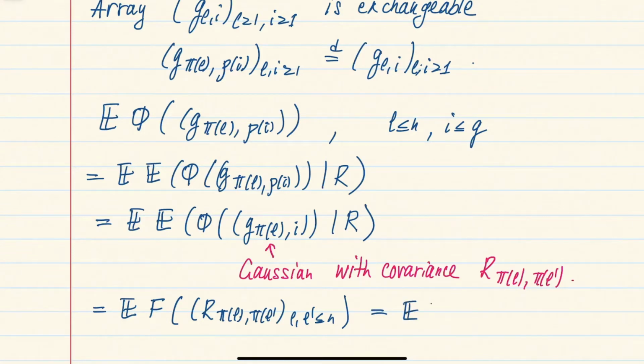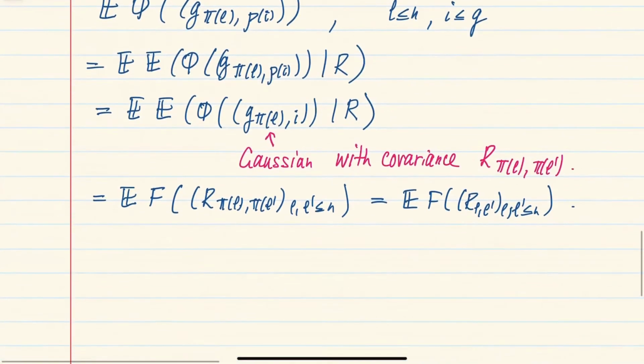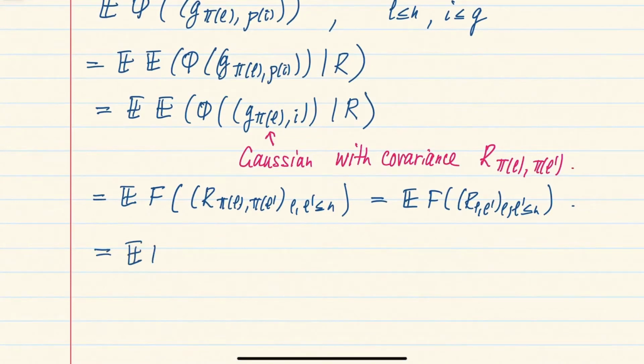It means that the expectation would be the same if you replace it by the original array, or the n by n block of the original array. And because this is the same function, this function was defined exactly like the conditional expectation of a function phi of several copies of your Gaussian sequence, except now we got rid of this permutation, so we can write G_{l,i} conditionally on R, and of course you can go back and write this as an unconditional expectation.